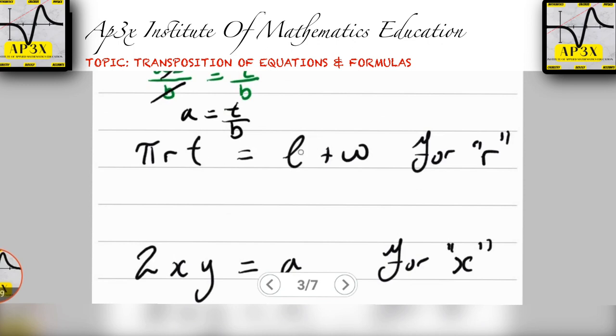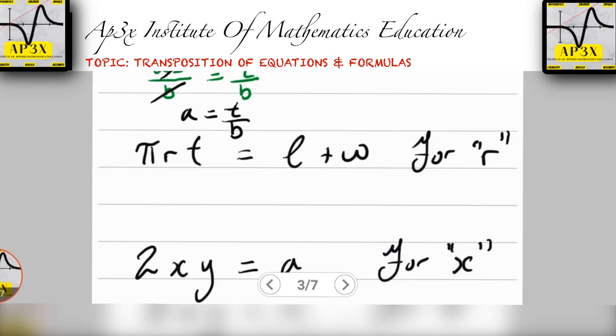We're looking at an example here now where not only is our subject connected to a variable, but it's connected to more than one variable in product form. So here we have pi RT equals L plus W. Bear in mind that these are equations, they are not formulas.